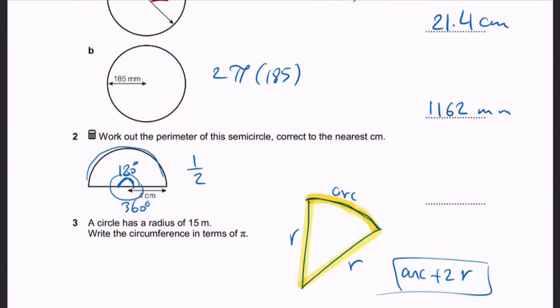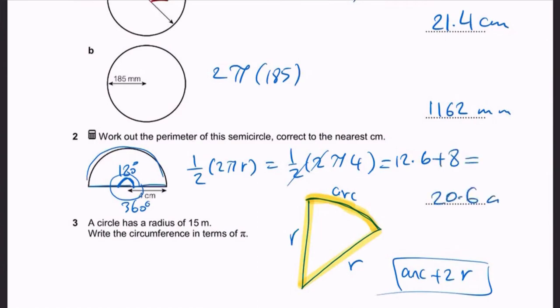So half times 2 pi r, with r equal to 4. These two can cancel with these two, so 4 pi, which equals 12.6 centimeters. Plus the radii, 4 plus 4, equals 20.6 centimeters.